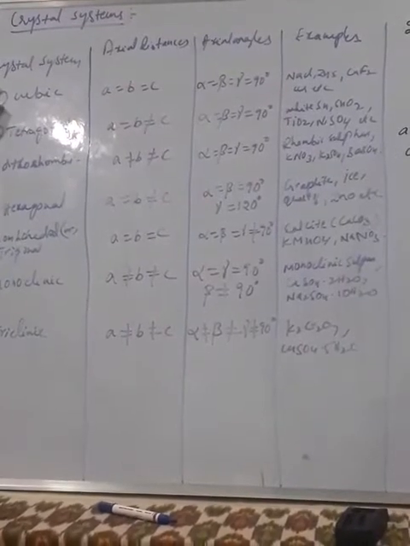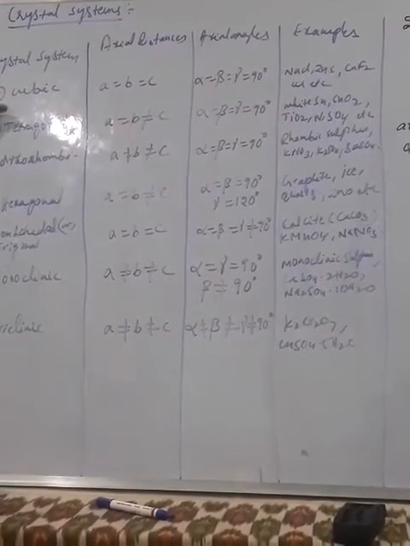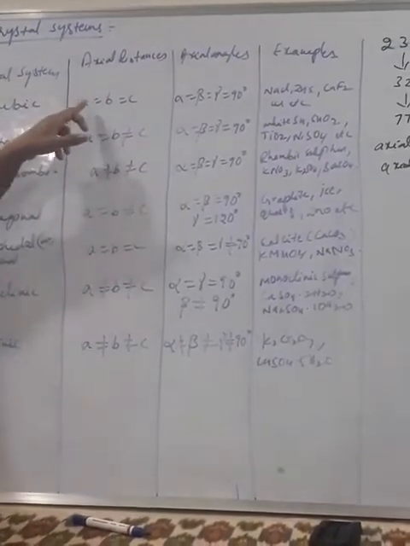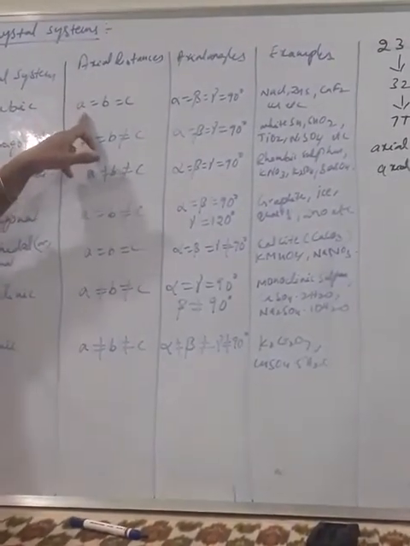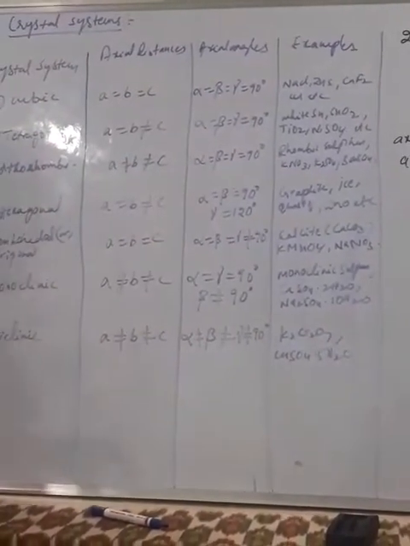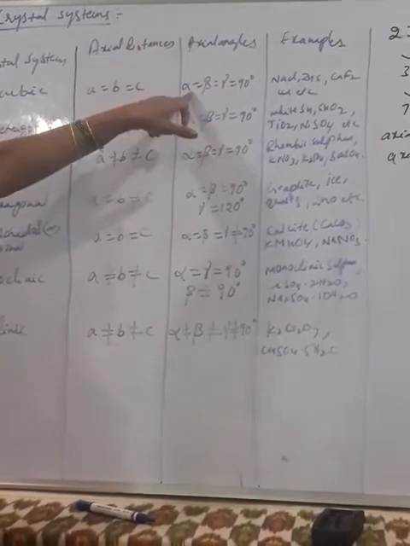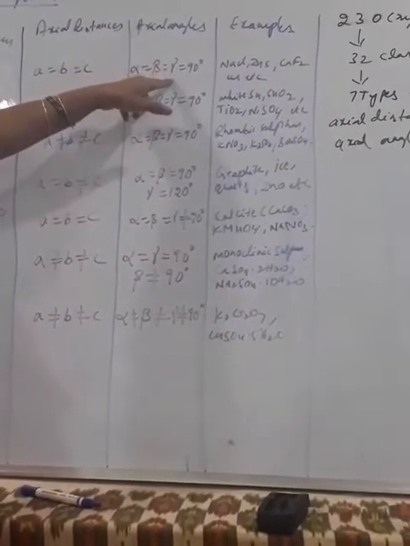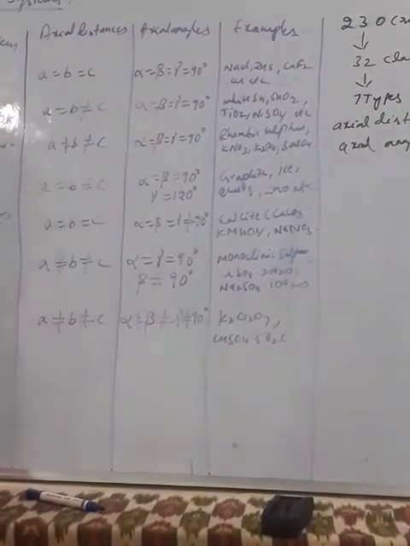So first, coming to cubic. In the cubic crystal system, the axial distances are all equal: a equal to b, b equal to c. And the axial angles, alpha equal to beta, beta equal to gamma, which is equal to 90 degrees.